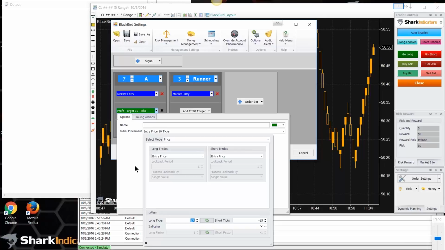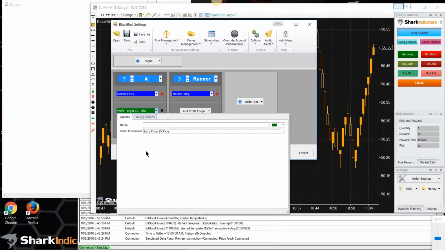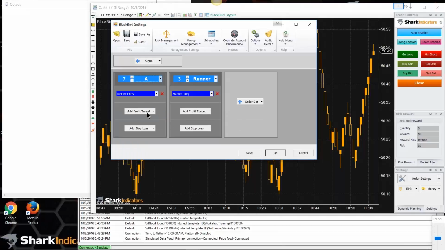All right, let's cover some of the other profit targets. If you want your profit target set based on volatility, you can use an ATR. An ATR basically measures the volatility of the bars on your chart, and therefore your profit target would be adjusted automatically for you.